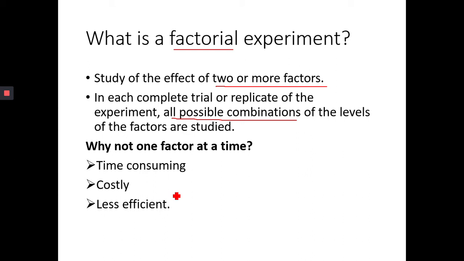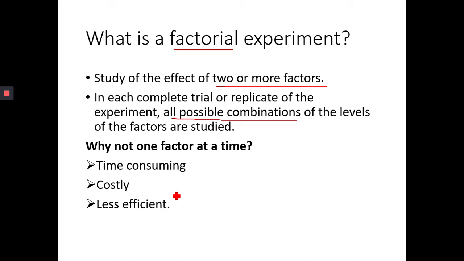So you see, when you do one factor at a time, it is as good as you are given a task, say for instance, to transport people from, say, Hendy's Bay to Vindu, and those people are 4. So instead of driving all of them, you put one person, you drive from Hendy's Bay up to Vindu, then you go back, you take another person, you drive until all the 4.